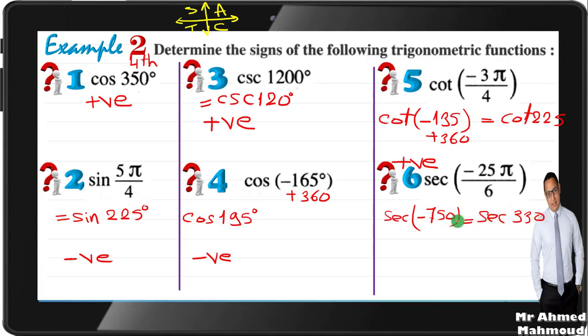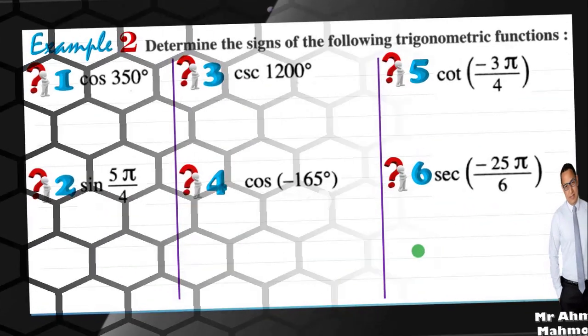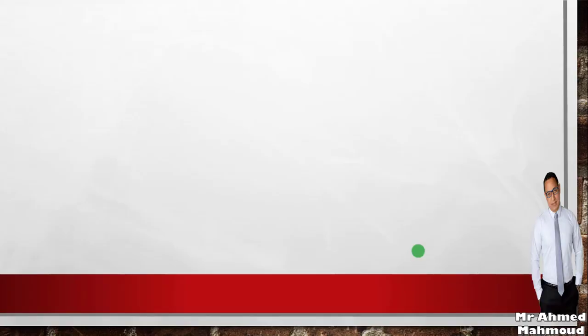Okay, it will be sec 330. 330 is in the fourth quadrant. Sec is the reciprocal of cosine, so it will be positive in the fourth quadrant. Next question.